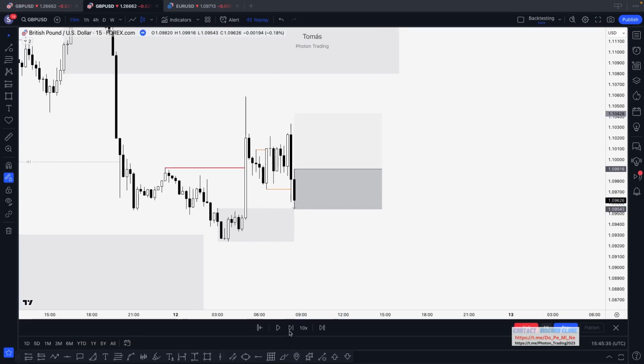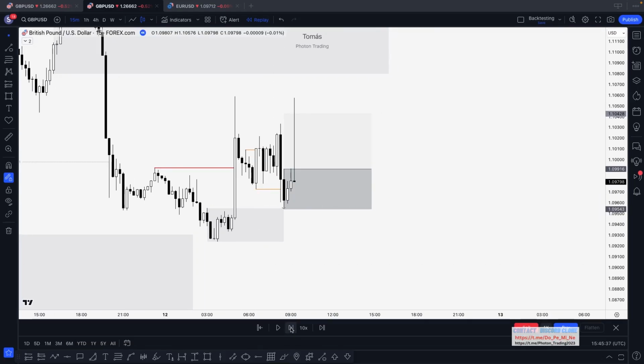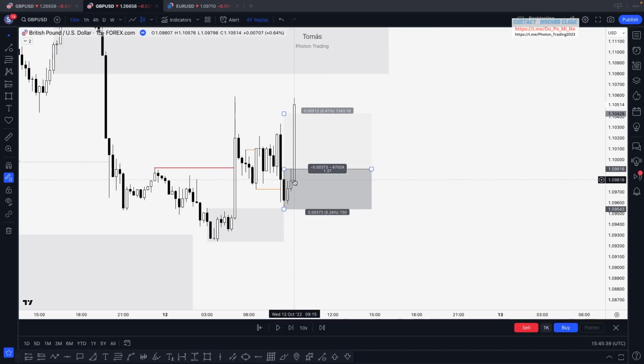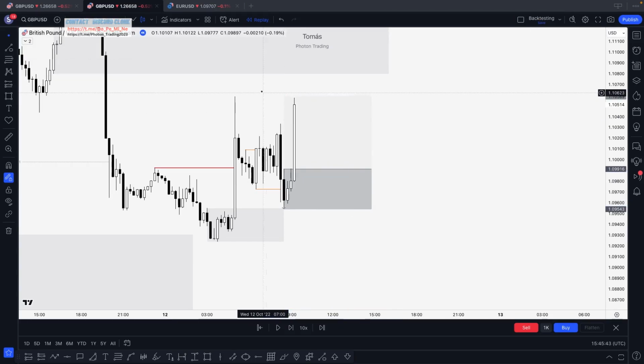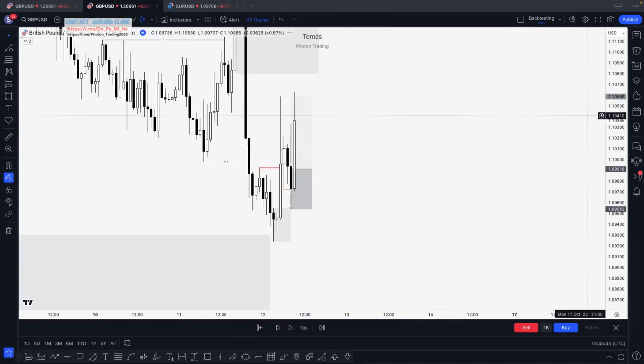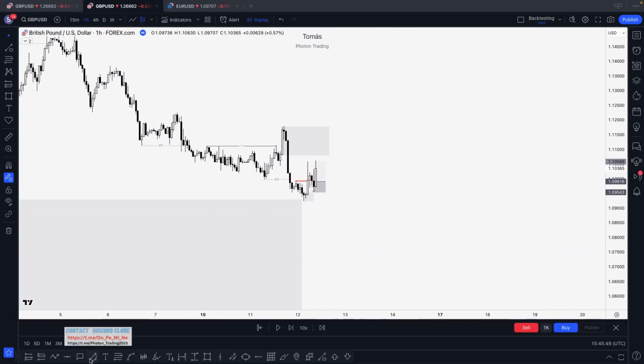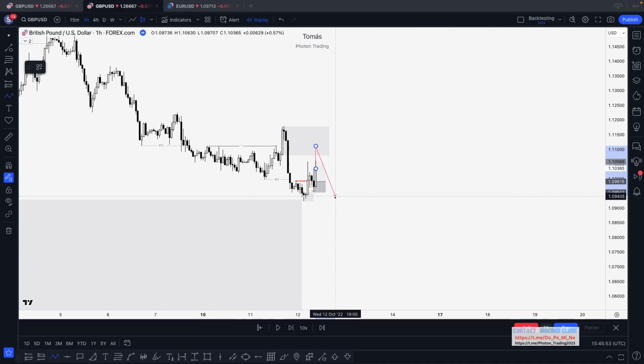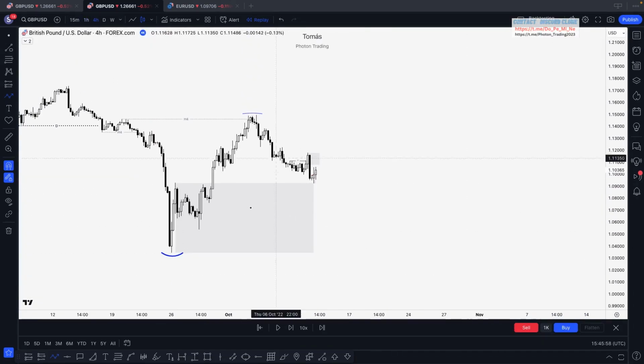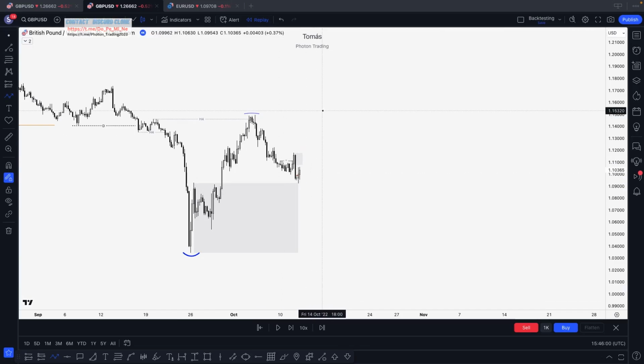So this is the entry, and I just get involved around 9 a.m. London time, and we know that this can be two things. This can be a pullback to mitigate supply and continue down. But if this daily mitigation is going to fulfill its objective, this is going to break.